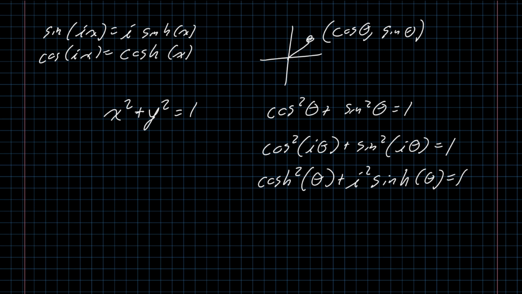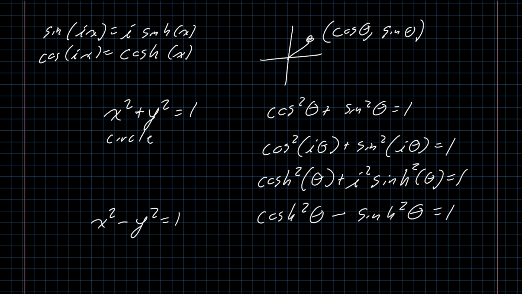And i squared is -1. So instead of x squared plus y squared, this would give us x squared minus y squared equals 1 as the generic form. And if x squared plus y squared equals 1 is a circle, then x squared minus y squared equals 1 is the equation of a hyperbola.